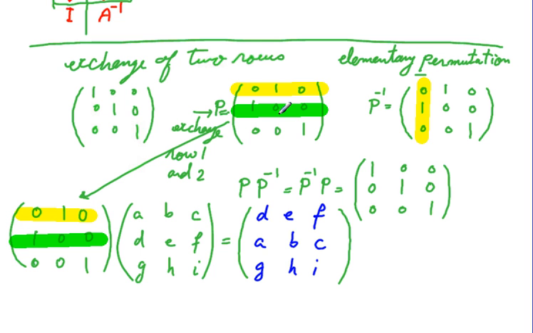So this particular permutation matrix was created out of exchanging row 1 and 2. So I might call it P12.